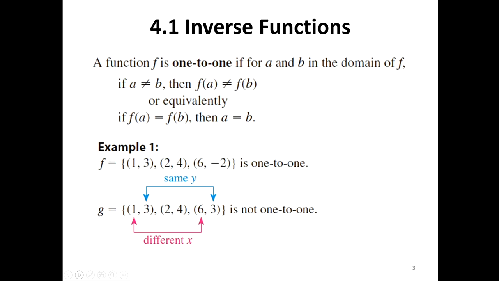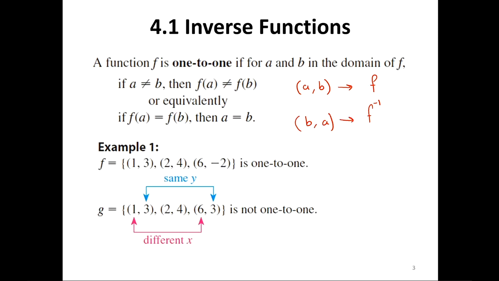Inverse function means if we have the point, for example, (a, b) on f of x, and the function f has an inverse denoted by f to the power of -1, then the x coordinate and y coordinate swap.